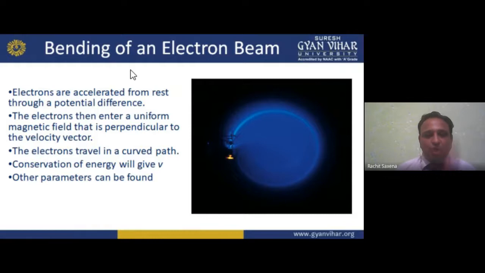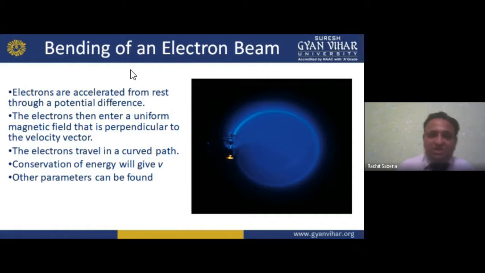We are applying a voltage on it. That voltage is basically an EMF, electromotive force. But in my view, I always say electron motion force, the force which gives motion to the electrons to move from one end to the other.